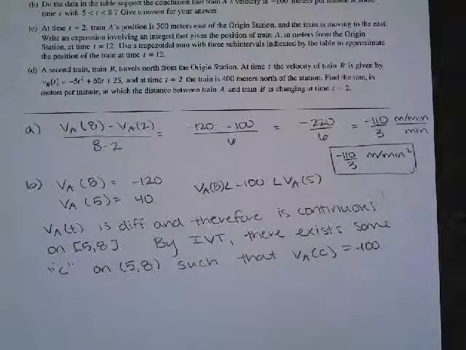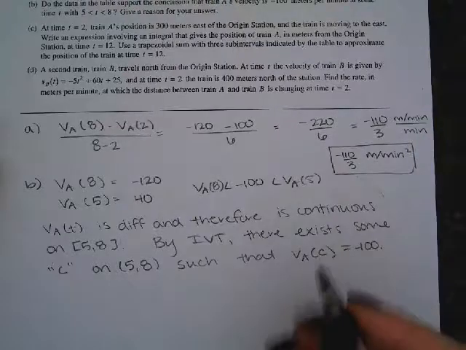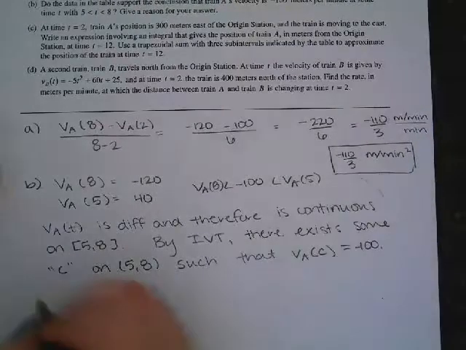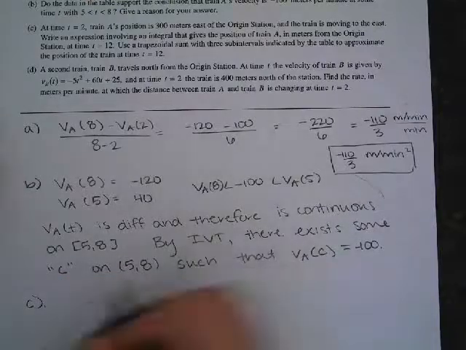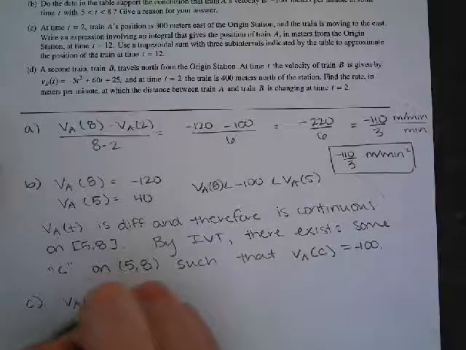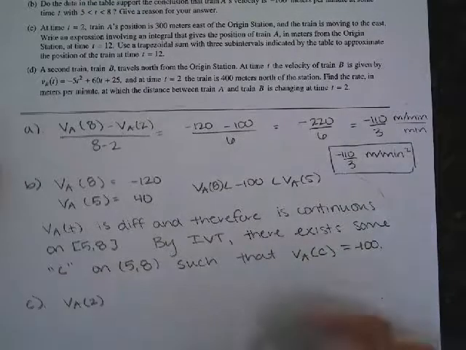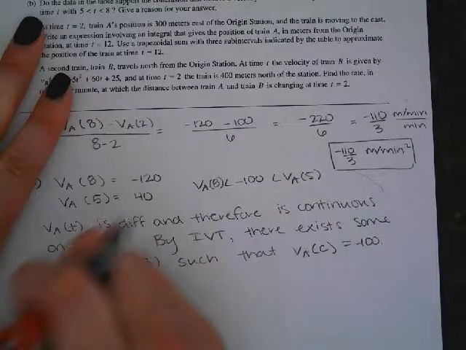Question C. At time 2, the train's position is 300 meters east of origin station, and the train is moving to the east. Write an integral that gives the position of the train at time t equals 12. Not the velocity, the position.